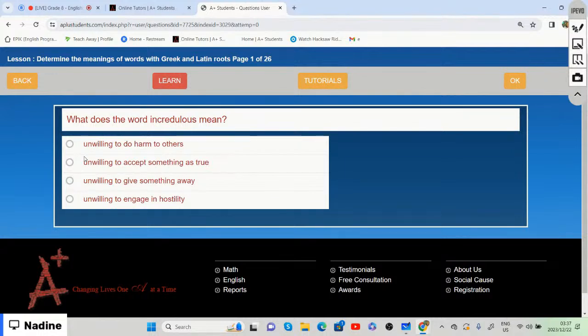Or unwilling to accept something as true? Or is it unwilling to give something away? Or is it unwilling to engage in hostility?